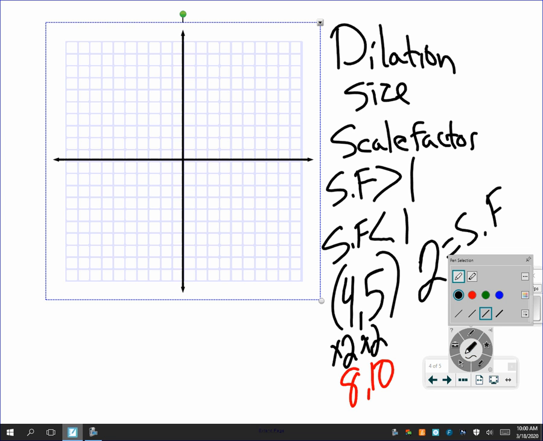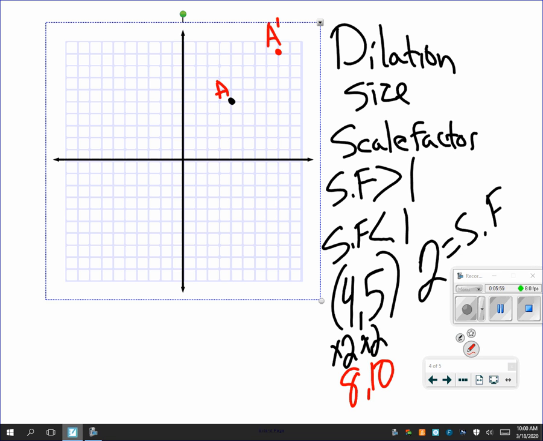So 4, 5: 1, 2, 3, 4, and 1, 2, 3, 4, 5. And then dilated 8, 10: 1, 2, 3, 4, 5, 6, 7, 8, and 1, 2, 3, 4, 5, 6, 7, 8, 9, and 10. Straight up my graph. So that's A, and this would be A prime.